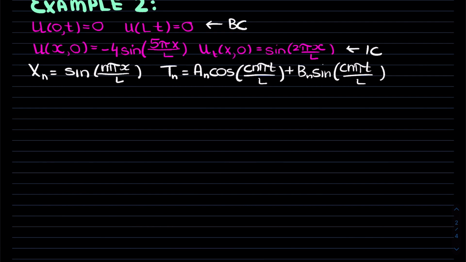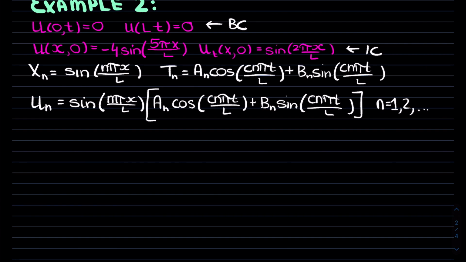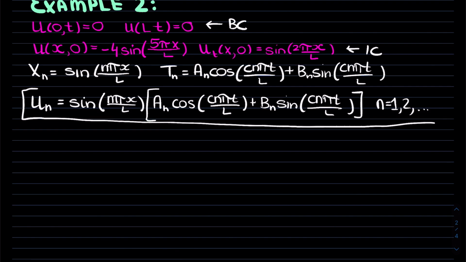So our u of n together is going to look like this: sine n pi x over L, a of n cosine c n pi t over L plus b of n sine c n pi t over L, for n equals 1, 2, etc. So this is our general form here.